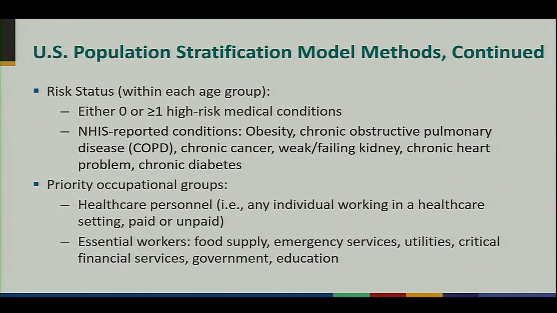Additionally, we looked at occupational groups with two priority occupational groups assessed. The first was healthcare personnel, defined as any individual working in a healthcare setting, whether paid or unpaid, and the second priority occupational group included essential workers, comprised of food supply, emergency services, utilities, critical financial services, government, and education. Next slide, please.